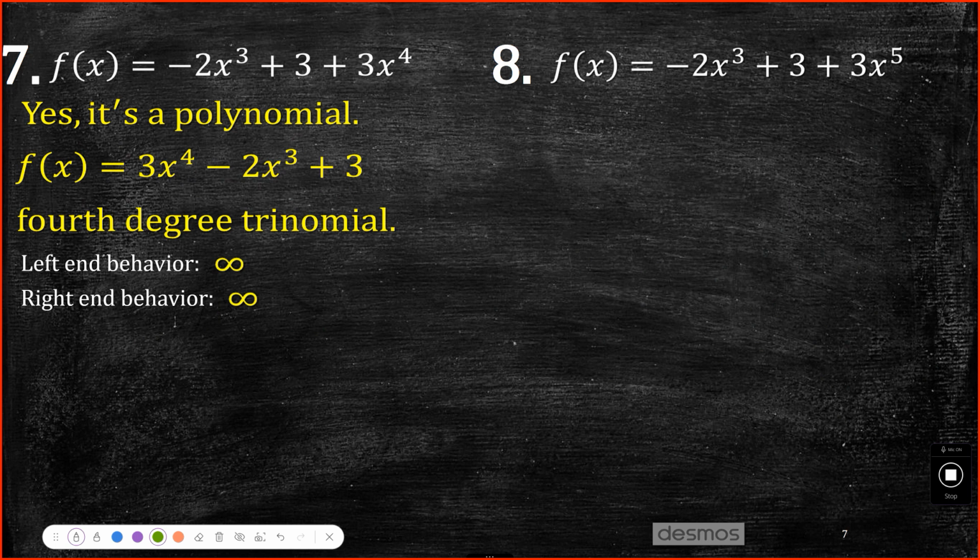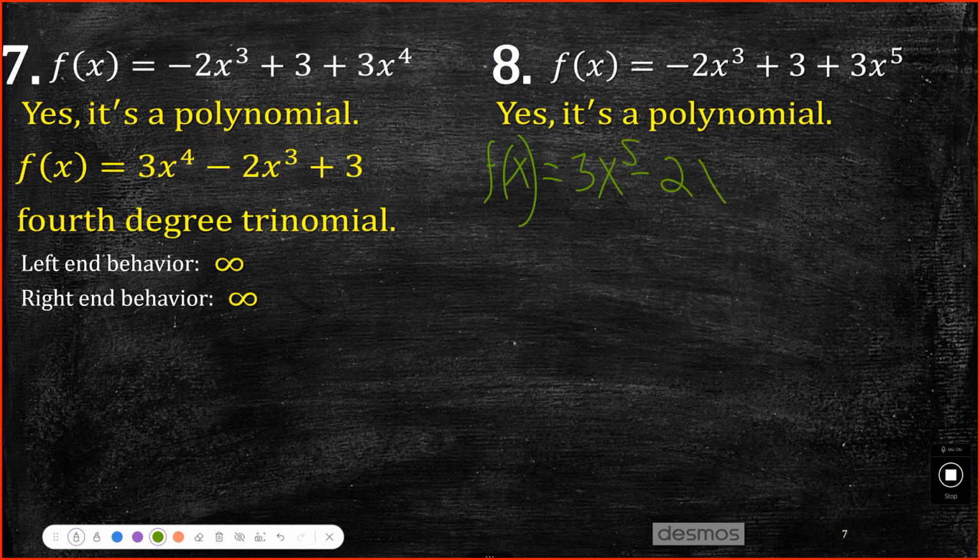Yes, it is a polynomial. It is not in standard form. F of x equals what to be in standard form? What is to be in the front? 3x to the 5th. Then after that, it's going to be what? Negative 2x cubed plus 3.